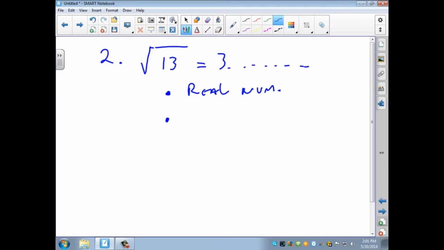In other words, it is not a repeating digit after the decimal, and it is not a terminating one. Therefore, this would be an irrational number.